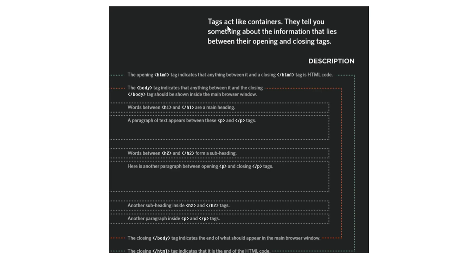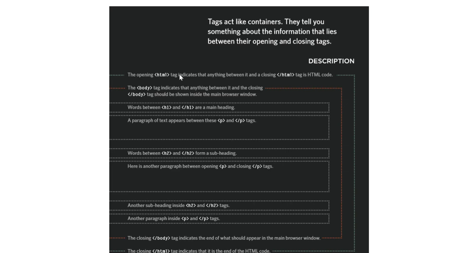HTML tags act like containers. They tell you something about the information that lies between their opening and closing tags. The opening html tag indicates that anything between it and the closing html tag is HTML code.